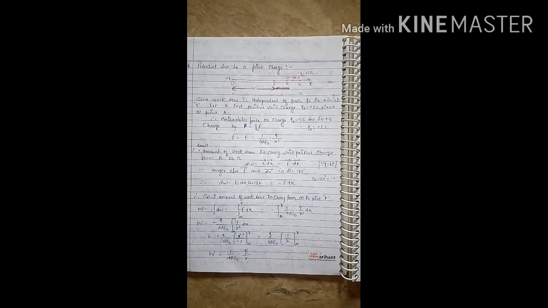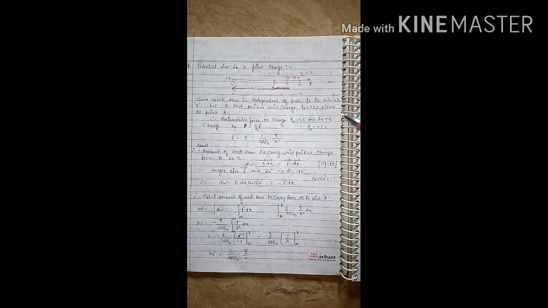So here we can consider a test positive charge Q naught at any point A, which is on the axial line with the point P. First we carry this test positive charge from point A a small distance to point B. AB is a small linear elementary distance dx. If we carry the charge from A to B, then we require some amount of work. So we will do some work to carry this charge from A to B.